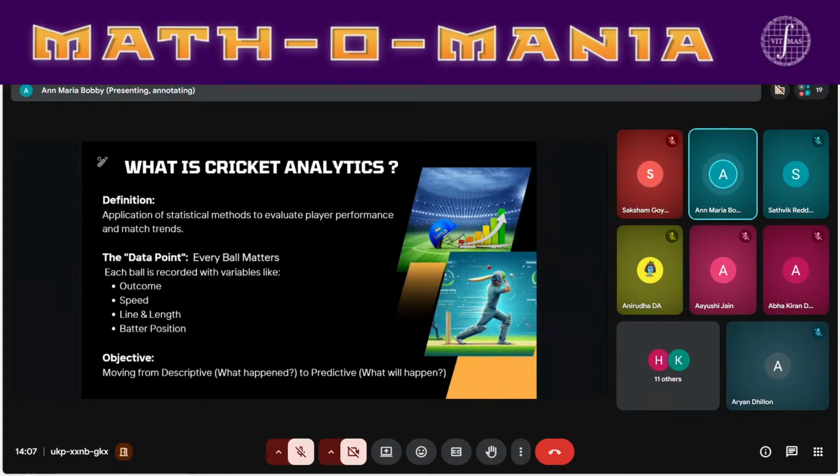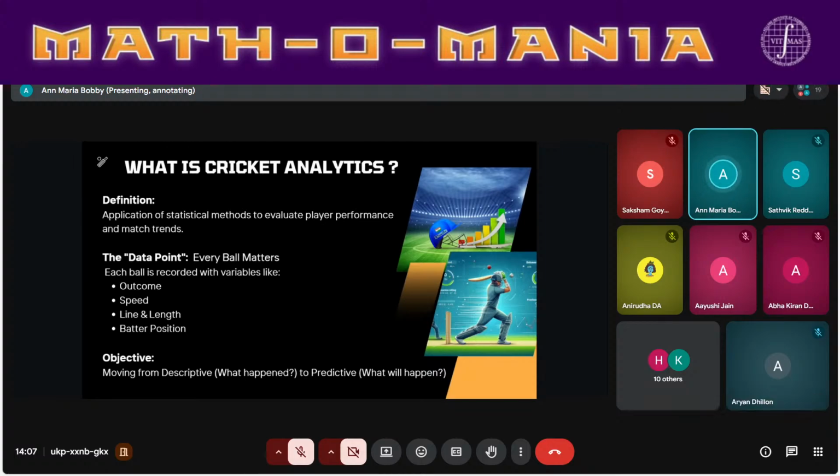But now teams use numbers and data to make smarter decisions. For example, which bowler performs best in death overs, which batter struggles against spin, which field placement works best against a particular player. Here, instead of guessing, teams are using data to make evidence based decisions.